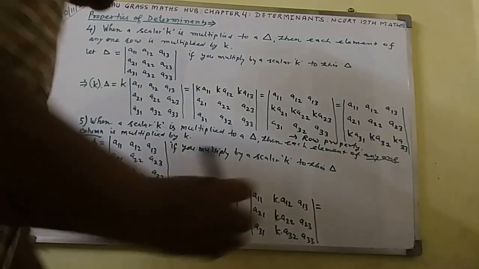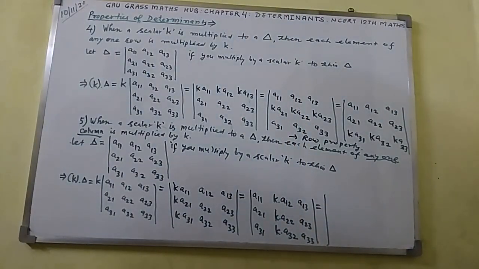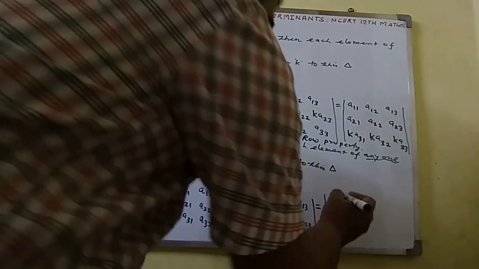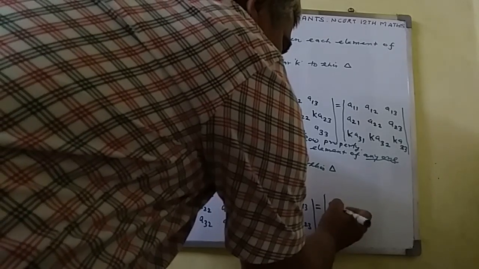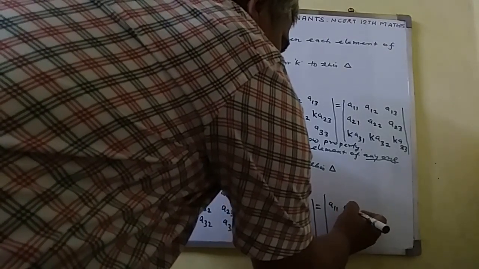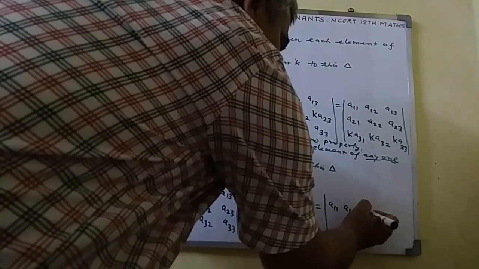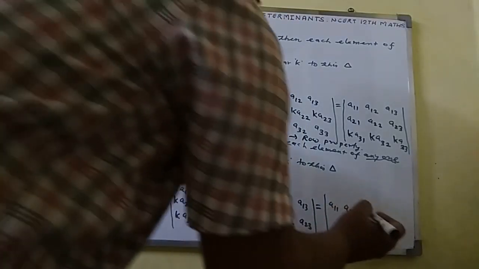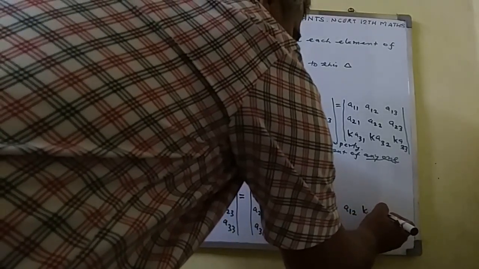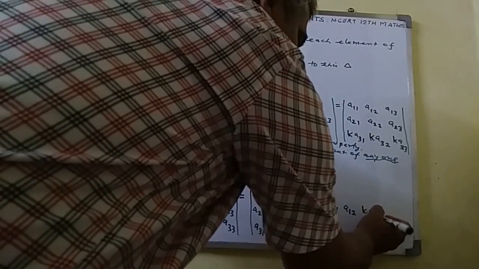equal to, another form will be: write the sign of determinant, opening of vertical line here. So here I shall write a11, a12. Here k is multiplied to each element of the third column.